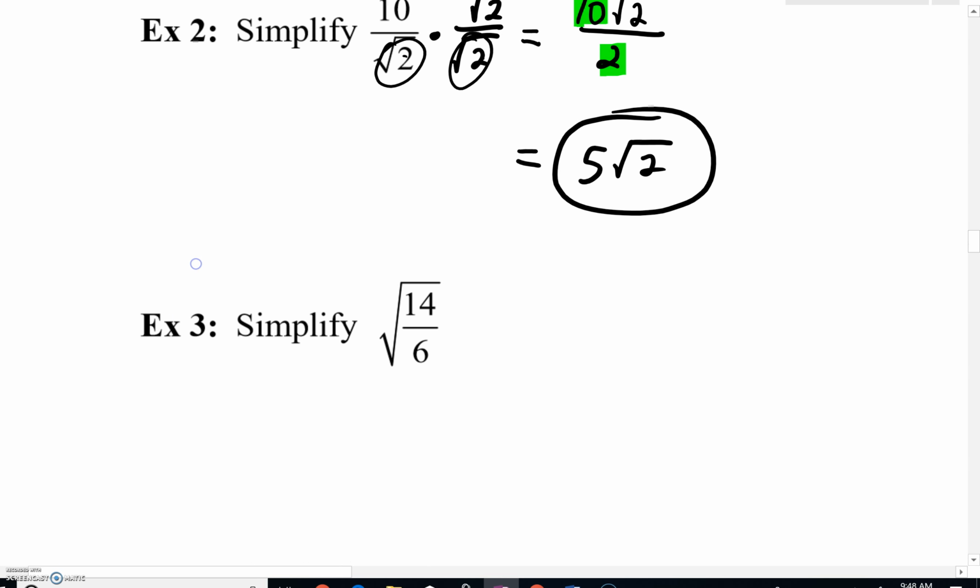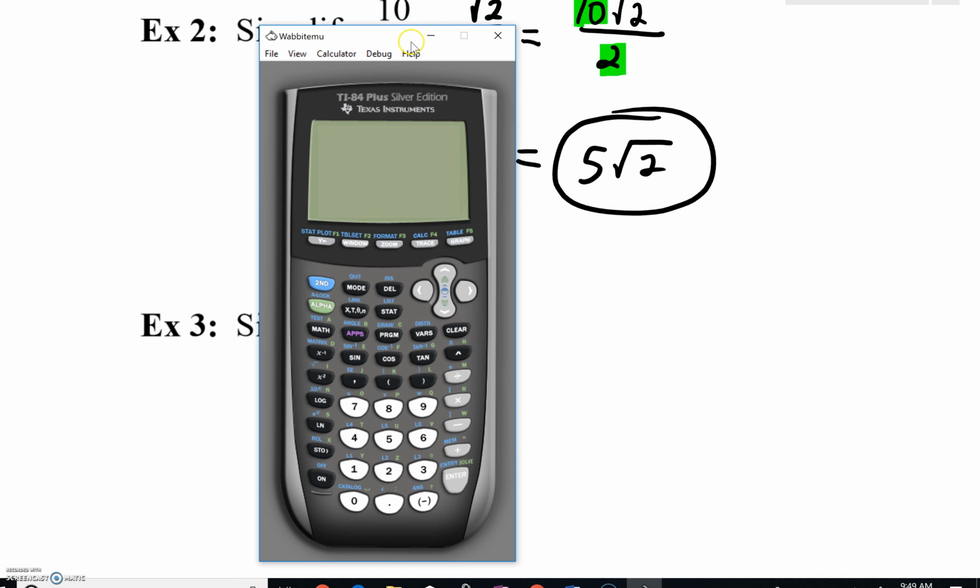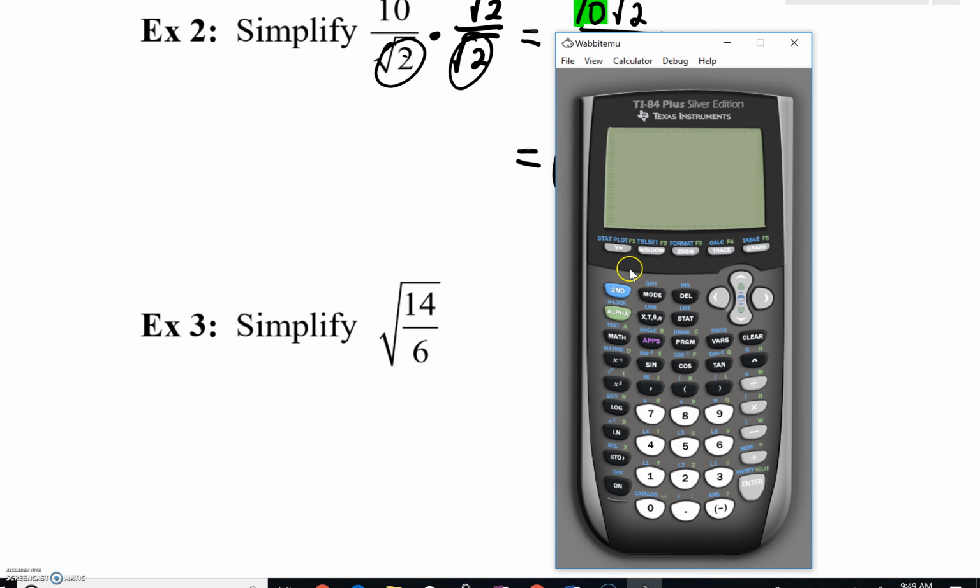As we move on to number 3, first off, we have a fraction 14 over 6, and let's get our calculator out to reduce it. If we hit alpha y equals, we get our fraction, and then very quickly we can hit 14 all over 6.